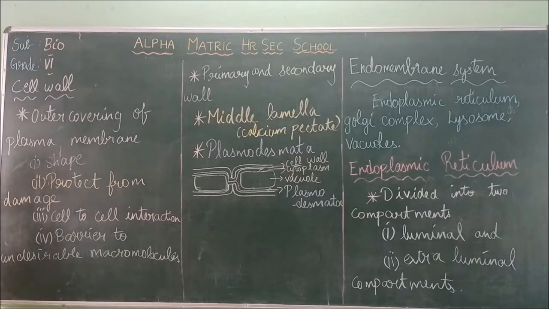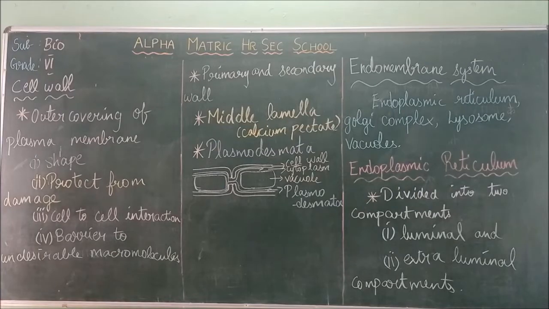What are the different characteristics of this cell wall? It gives a definite shape to the cell, and it protects the cell from damage if it gets any wound.